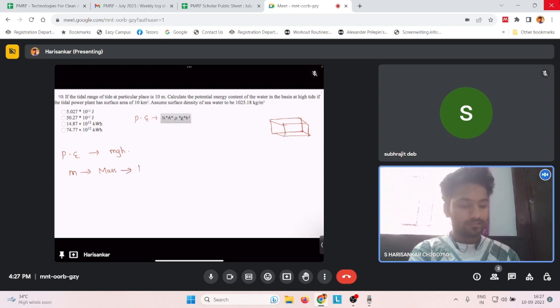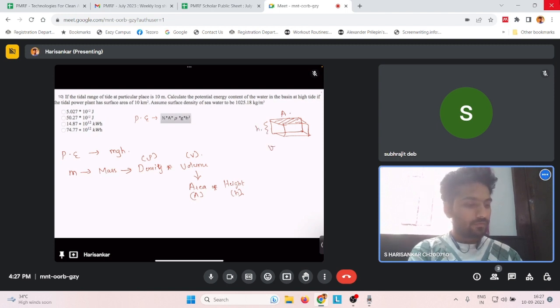Basically this m is the mass, and this mass can be written as density, which is rho, into volume V. And this volume can be written as area A into height h.